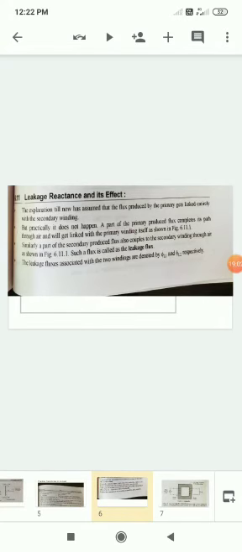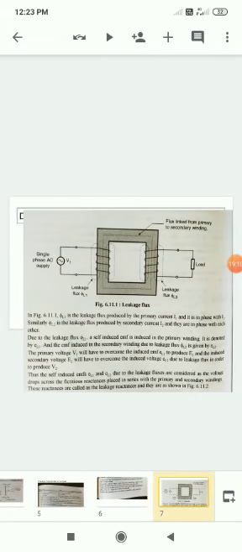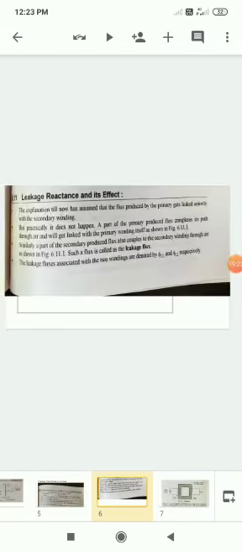So a part of the primary flux completes its path through the air and links with the primary winding itself. That part of the flux linked with the primary winding induces a leakage flux, which means there must be some induced EMF, EL1 or EL2.